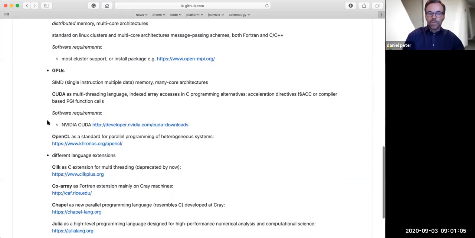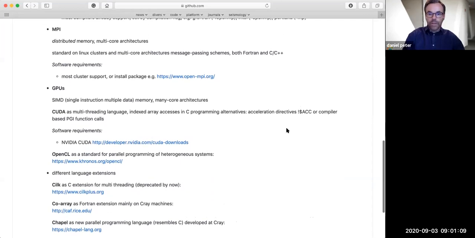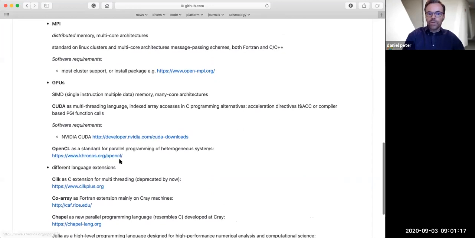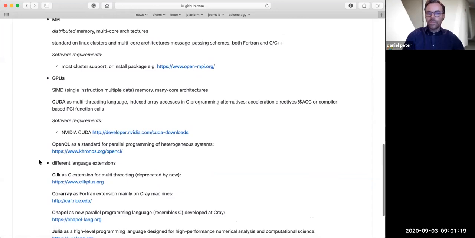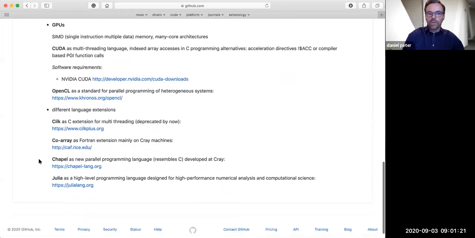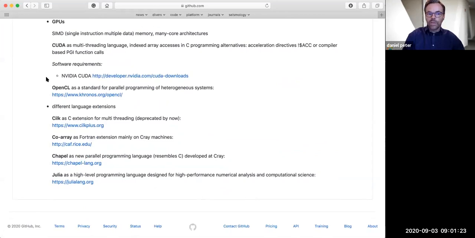So with graphics processing, you can, for example, write CUDA. There are compilers which allow you to just write directives in order to use them, or you use OpenCL, for example. That's another language to write code for GPUs.